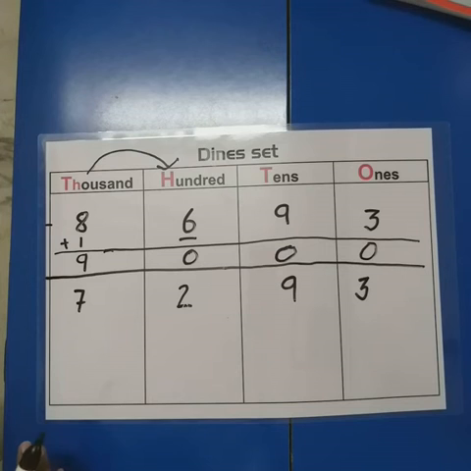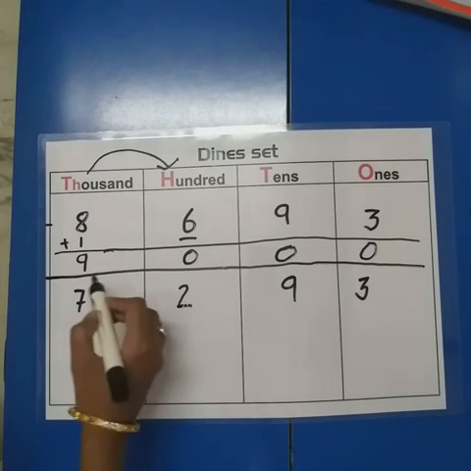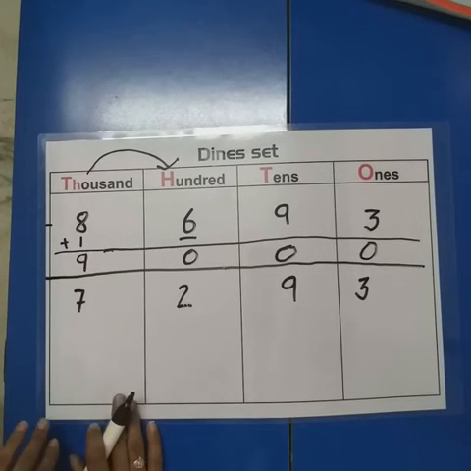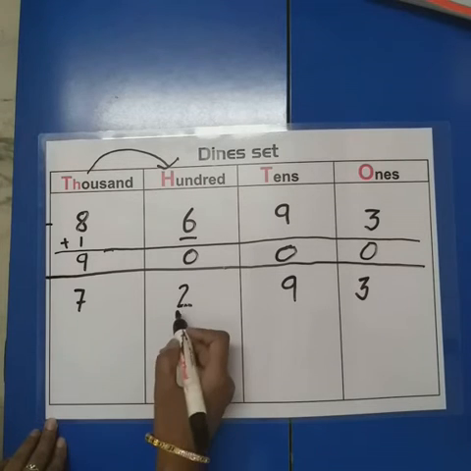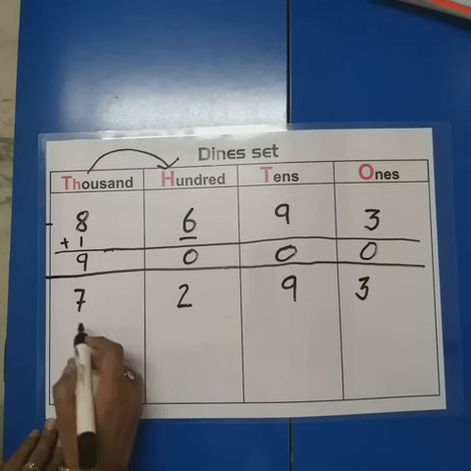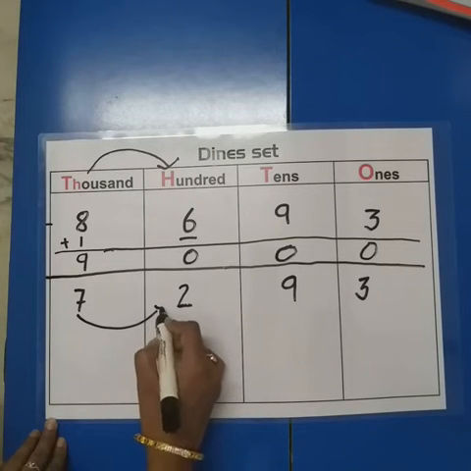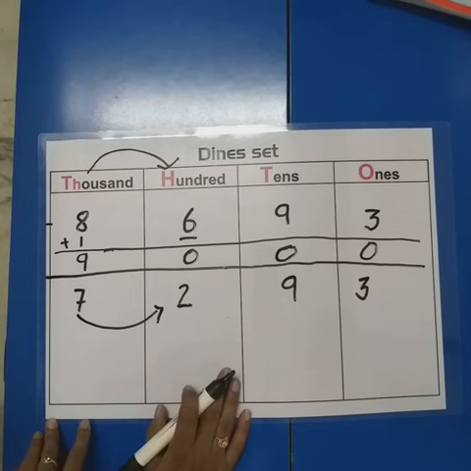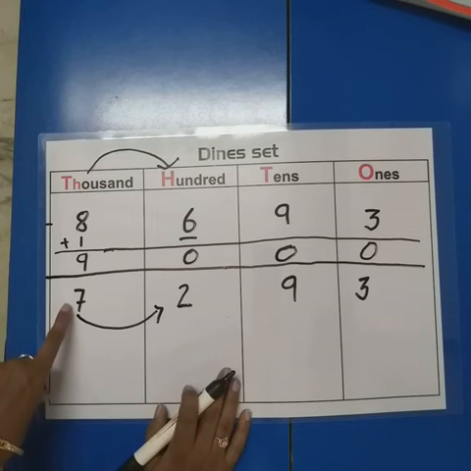Okay, now the next question. The number is 7293. Again we are going to round off to the nearest thousand. We will change our thousands place, but we have a condition. If we have 5 or more than 5 at the hundreds place, then we will change the 7, that means we will add 1.